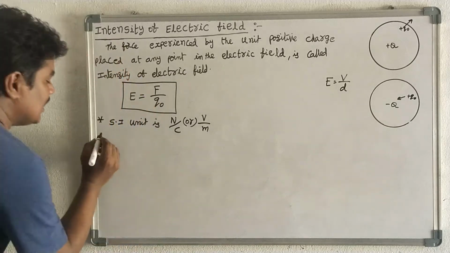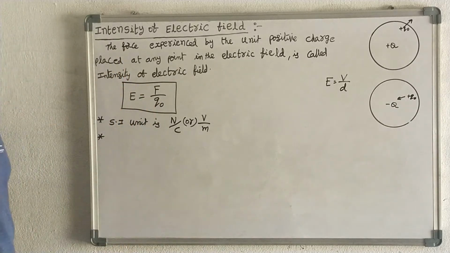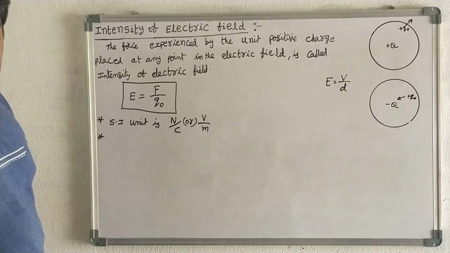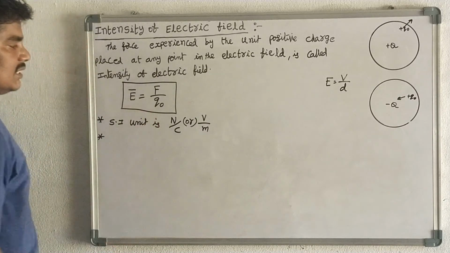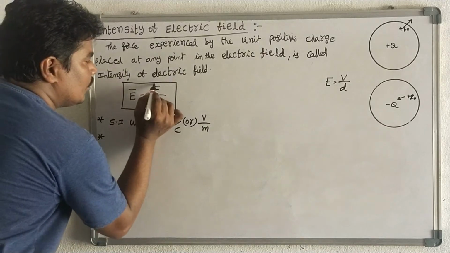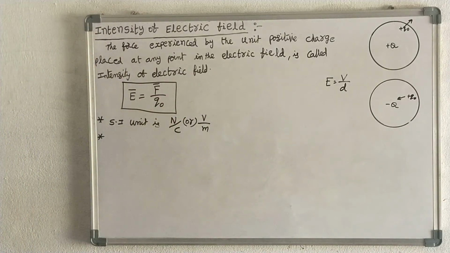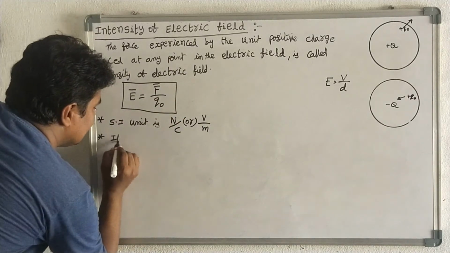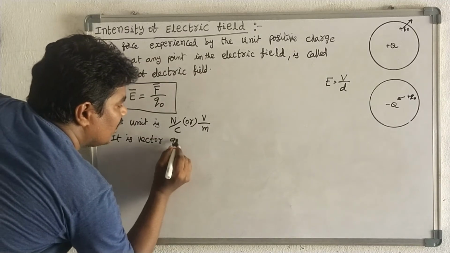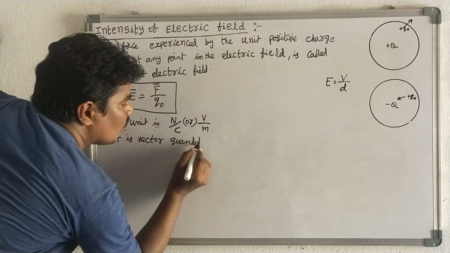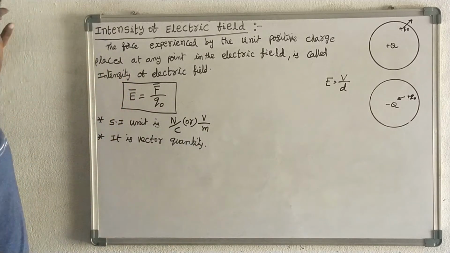Actually, this intensity of electric field is a vector quantity. That's why we write the equation like this: E bar is equal to F bar by Q naught. It is a vector quantity.